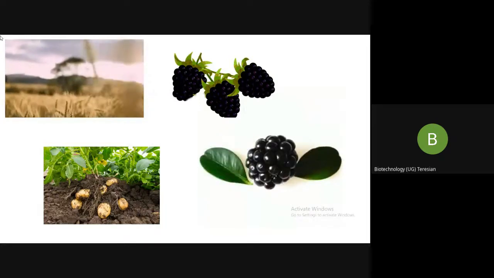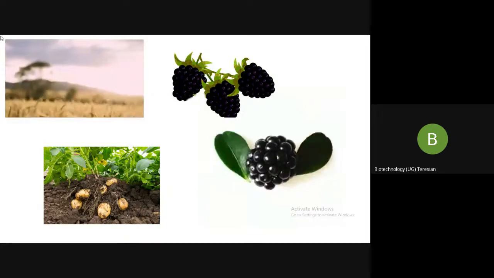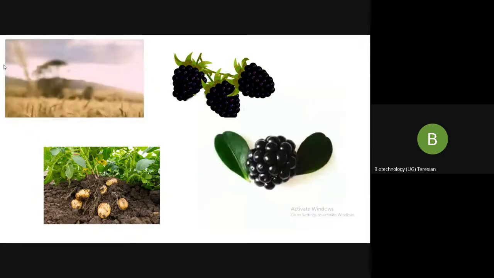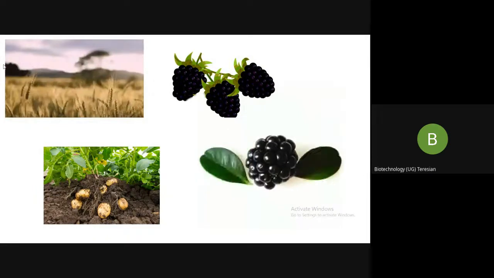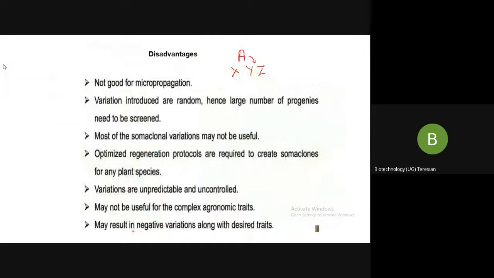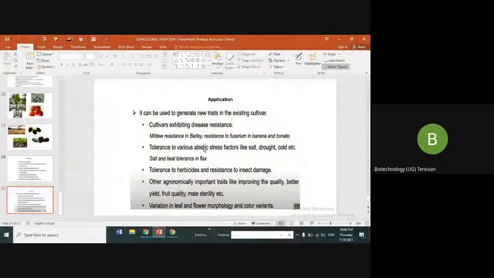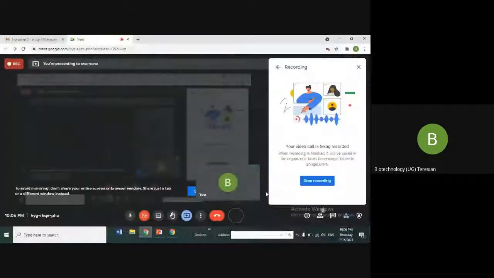We can produce thornless blackberry now using somaclonal variation. Potato, which is disease resistant or tolerant to certain salinity. All this. So disadvantages and applications, with this we come to the end of somaclonal variation. And thank you for kindly listening to me.